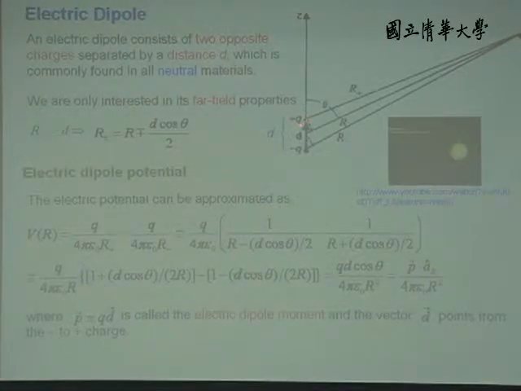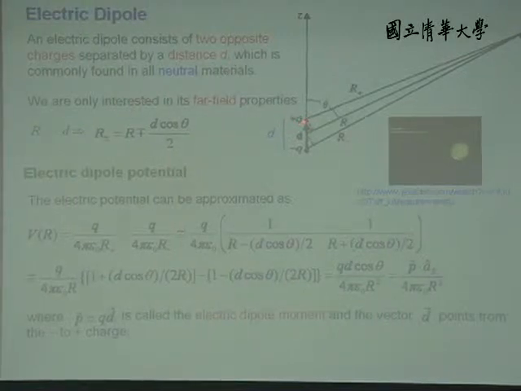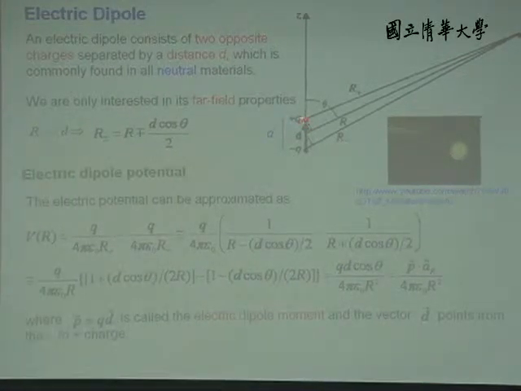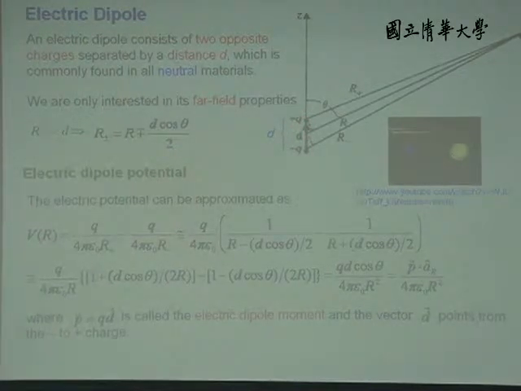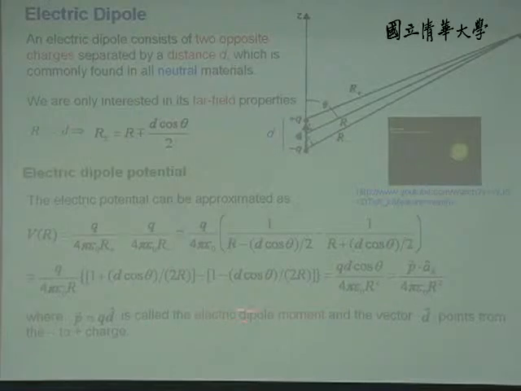For electric field, you always originate from positive charge and point toward the negative charge. But for this electric dipole moment, 这个方向是从负的电荷到正的电荷, so don't be confused. Okay, you have to follow the definition to get the right answer.